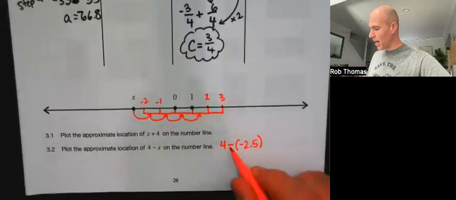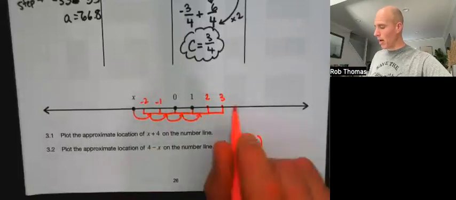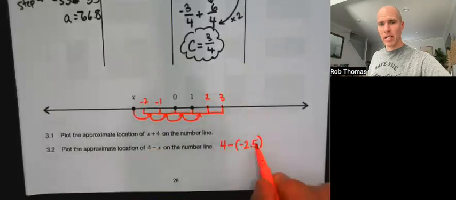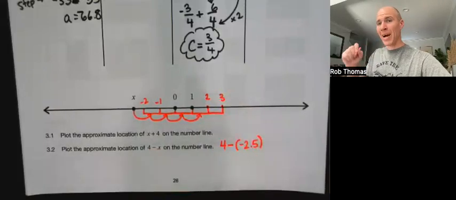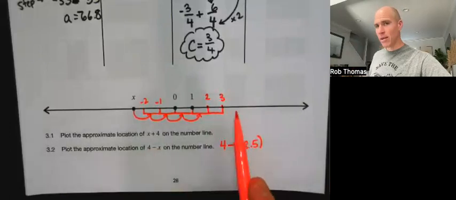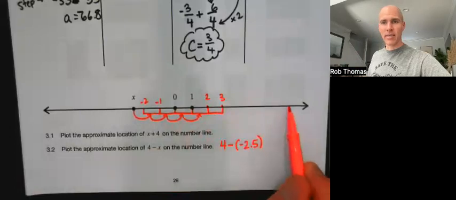So I got 4 minus a negative. You figure out what that is and draw a plot somewhere on there that's going to be about this value here. What is 4 minus -2.5? Once you have that figured out, about where on this thing is that going to go?